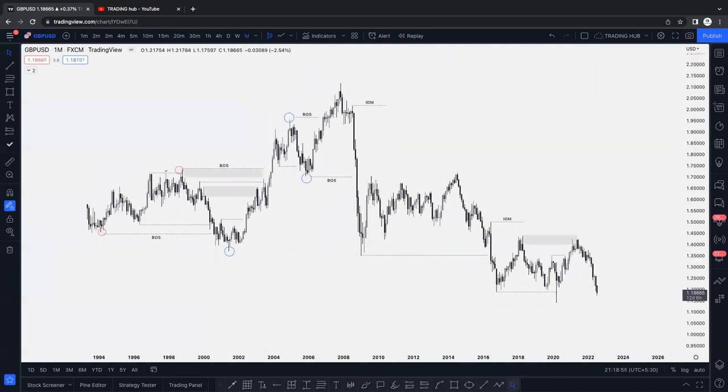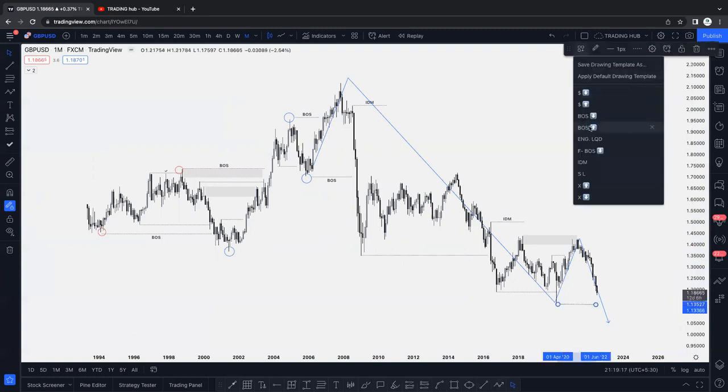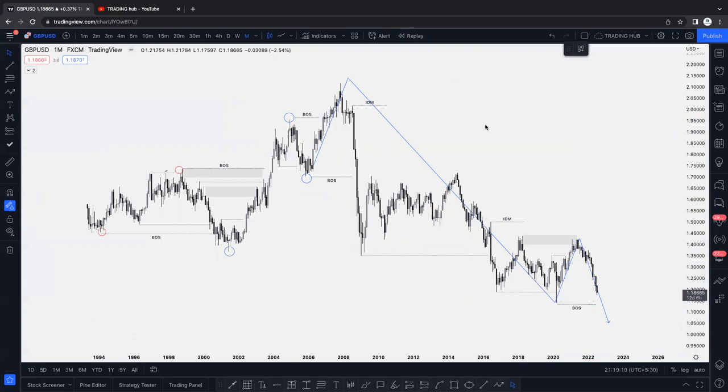So generally, as per our plan, this is a single leg till this zone. Okay, and we are expecting that if price breaks this low and closes below it, this becomes our new break of structure. Okay, so this becomes our new structure.